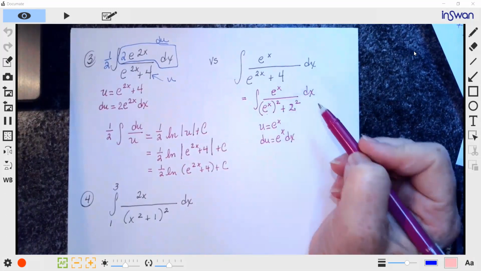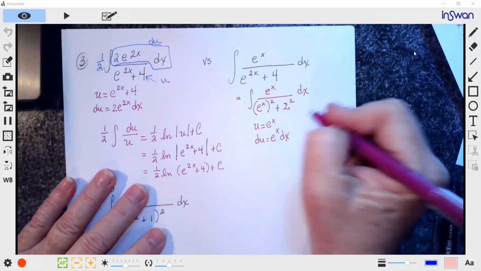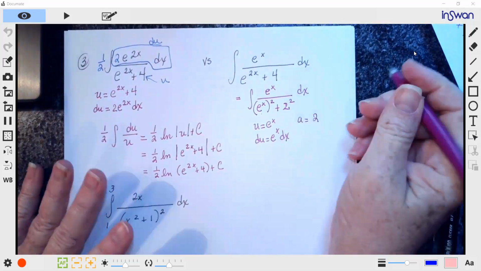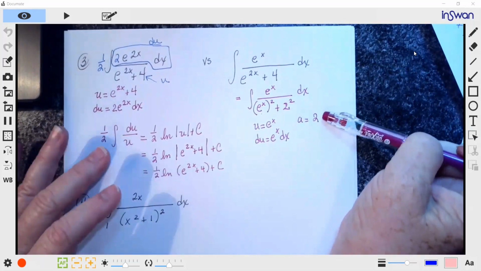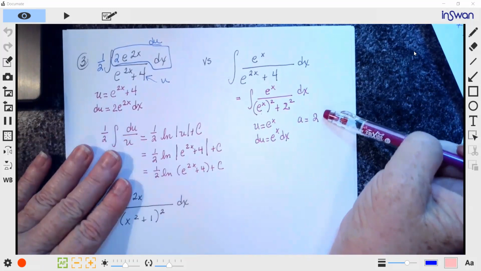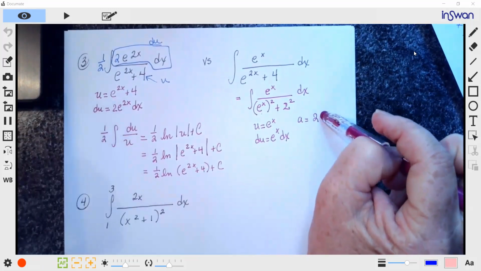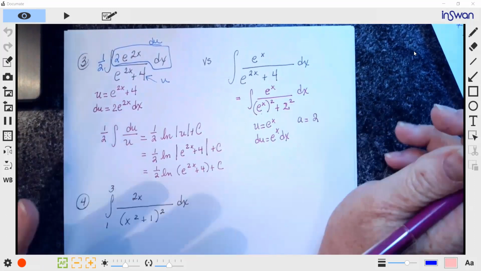Or in other words, it's an arctangent integral. So the a is the constant that I have squared. And like I said, guys, we didn't do, at least in this textbook, a whole lot of these inverse trig integrals in section 5.5 or 4.9, but we will practice with them more going forward. So don't stress about them too much.